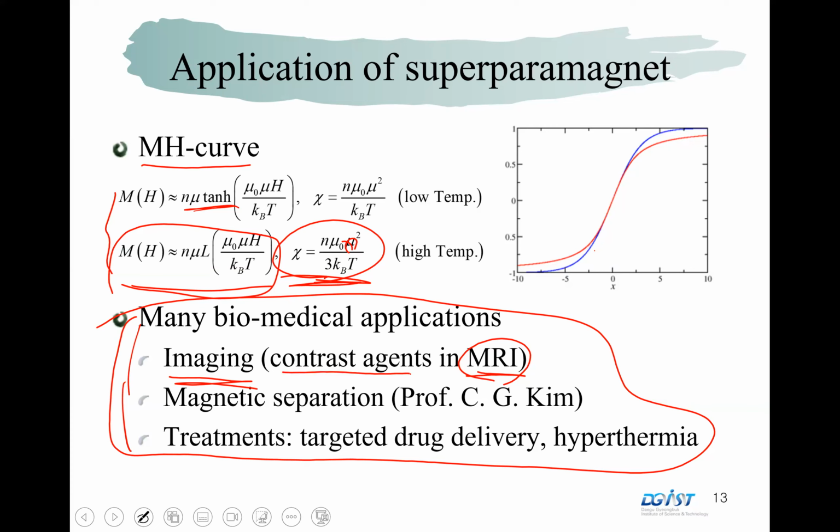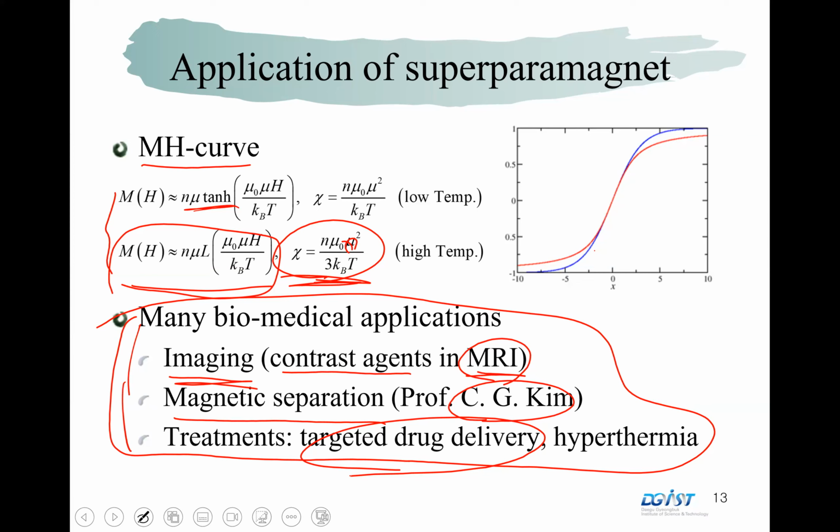Also, magnetic separation means there are many applications with superparamagnetic material attached to some cells and moving the cells. Actually, this is the main theme of Professor Choi Kim in physics. And there is another application called targeted drug delivery. If some part of your body is abnormal, for example cancer, one way to treat the cancer is to give very toxic chemicals to kill the cancer cells, but it's too toxic.